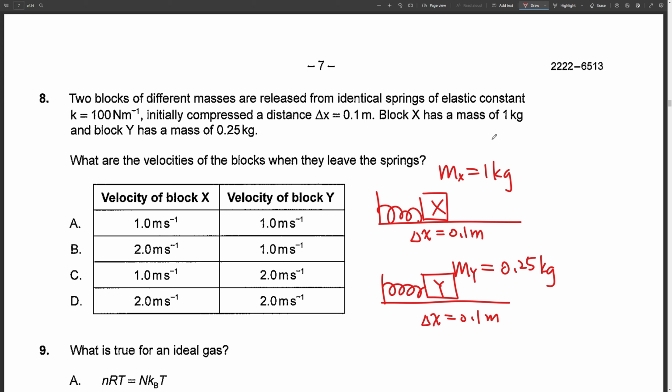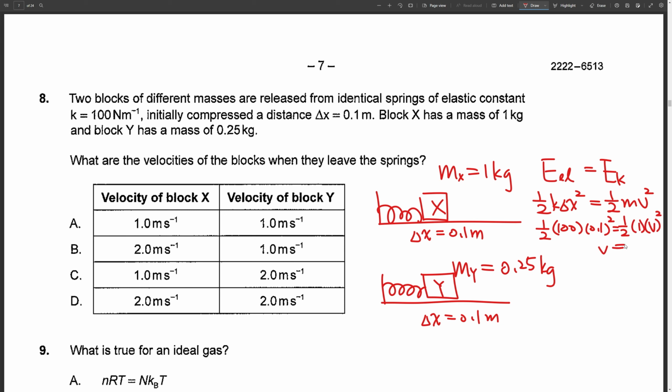So let's calculate the energy conversion here. It is the elastic energy going to kinetic energy. Elastic energy is half k Δx squared, and it is converted to half mv squared. So we have half times 100 times 0.1 squared equals half times 1 times v squared. v shall be 1 meter per second for X.